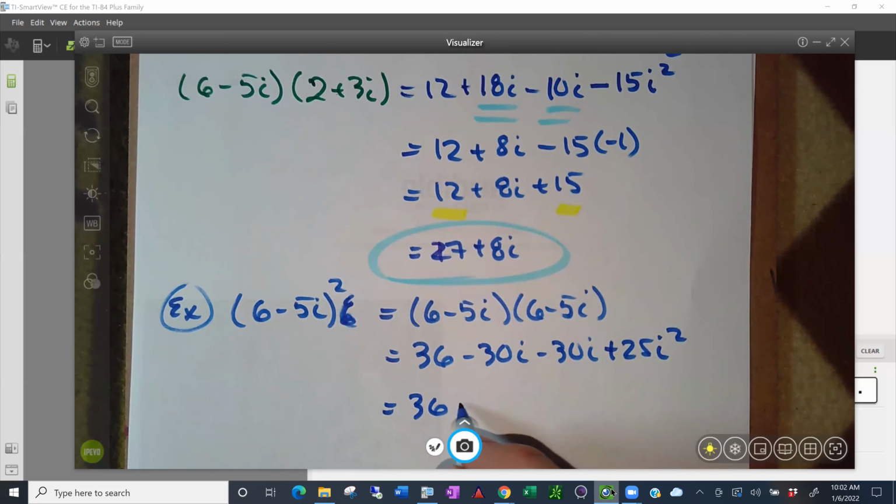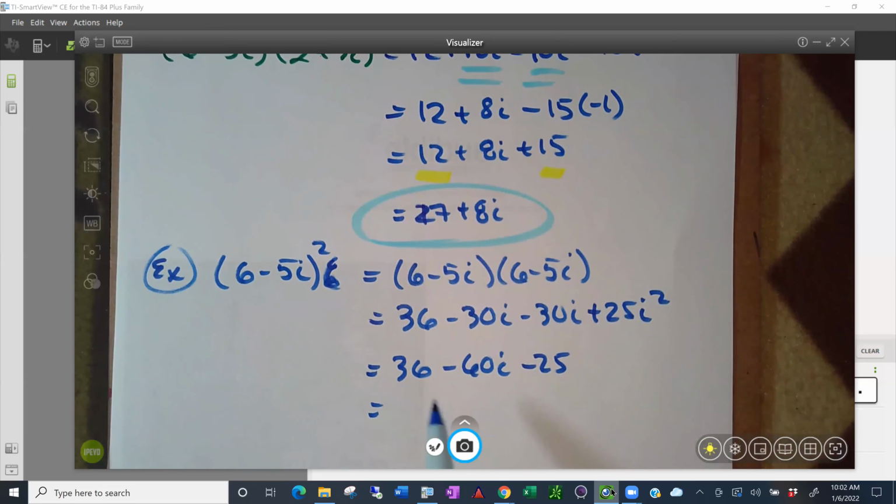Middle terms combine, gives me minus 60i. i squared is negative 1. Negative 1 times 25 is negative 25. And I promise to get my arithmetic right in this one. 36 minus 25 is 11 minus 60i.